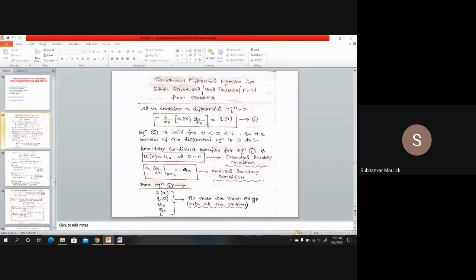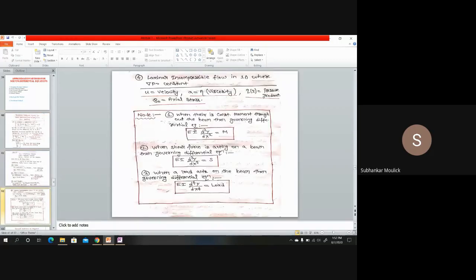But if the phenomena is given to you, see, this equation is valid for some phenomena. Then you have to use this equation. Is it clear?